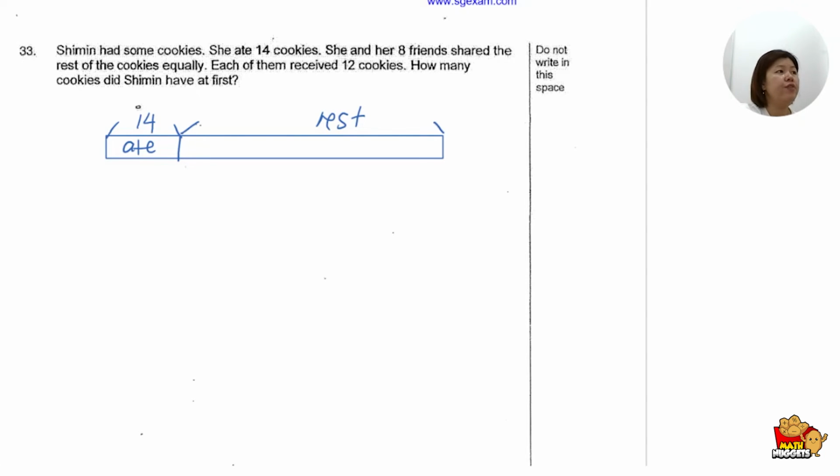So she and her 8 friends means including her is 9 of them. I use another color. 1, 2, 3, 4, 5, 6. So 9 units. And each of them is 12.